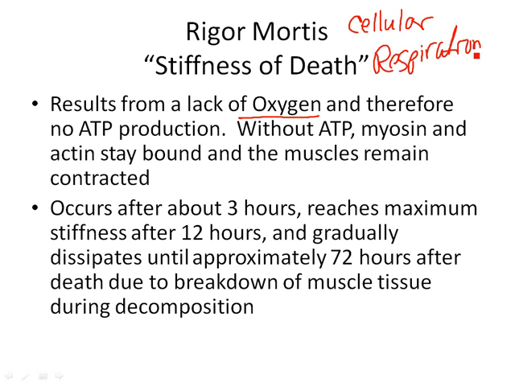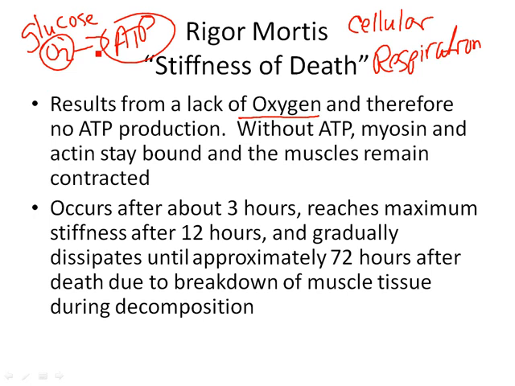Cellular respiration is when you use glucose and oxygen and go through a bunch of steps to make ATP. All right, so you're dead now. I mean, you may have just eaten a huge meal, so there may be plenty of sugar available, but you're not breathing anymore. There's no oxygen, so there's no ATP being formed. Okay, you've quit breathing. So what happens is now you have basically gotten rid of your ATP.